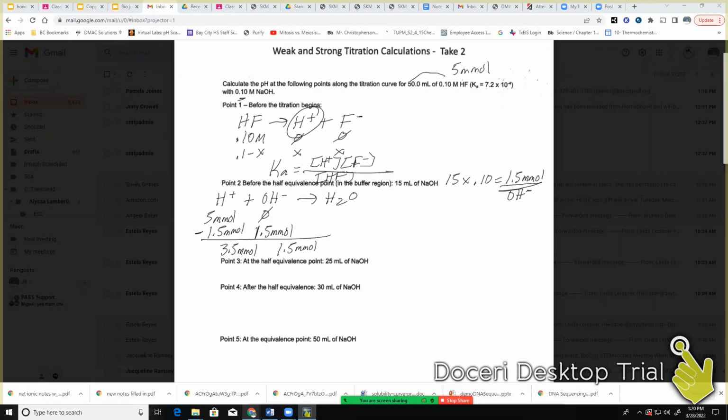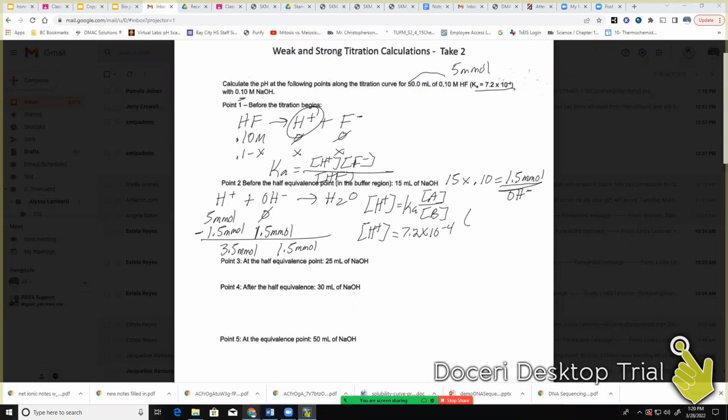All right, so now we can go back to using our formula where H plus is equal to our Ka times acid over base. We were given a Ka, so H plus is going to be equal to 7.2 times 10 to the negative fourth.